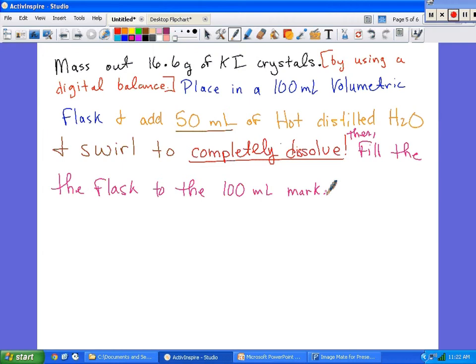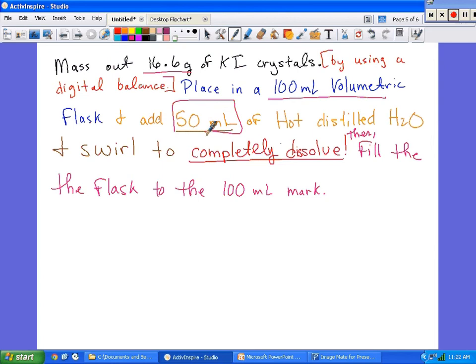Again, I promise you're going to see this. I guarantee it. You have to know. You better be able to know how to do this. Okay. So the key here is the mass. The digital balance. Yeah, that's good and all. It's not going to kill you. Make sure you tell me how big of a flask you need. Make sure you tell me how much water.